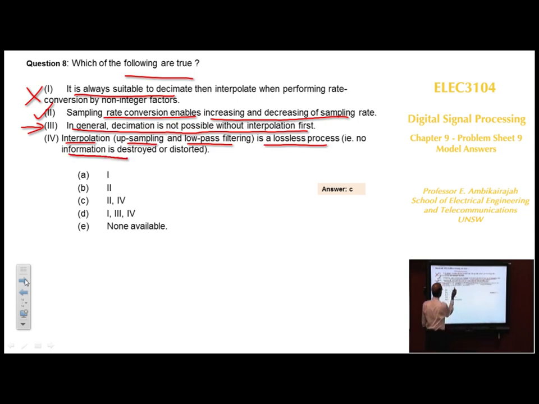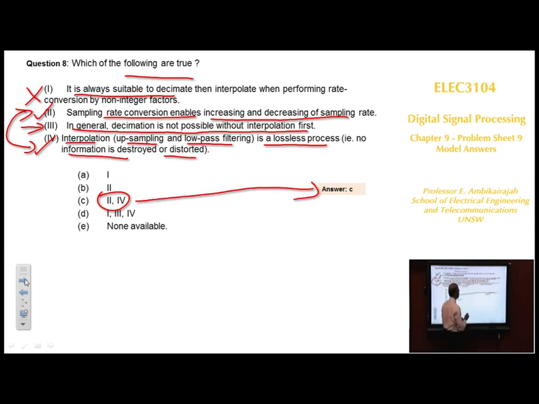No information is destroyed or distorted. That's correct. When you do the interpolation, it will retain the original information. You are upsampling it, but the original bandwidth of the signal will still be retained. So this is correct. So the answer is 2 and 4. So 2 and 4 belongs to C.